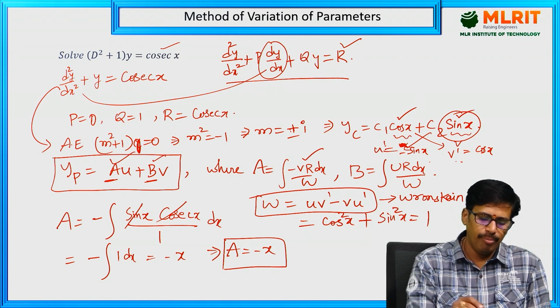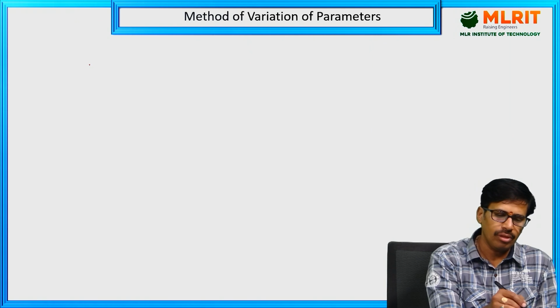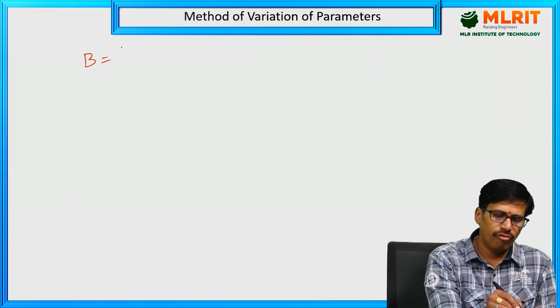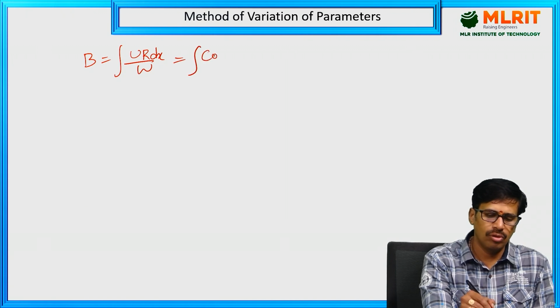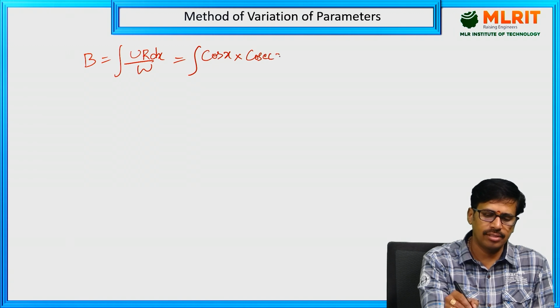Now let us find the B value. So B is equal to, the formula is integral u r dx by w. u means cos x, r means cosecant x, w is 1, dx.